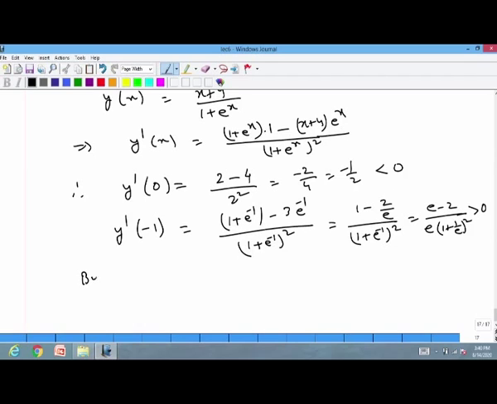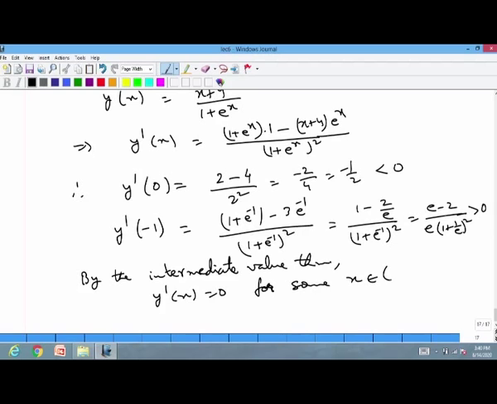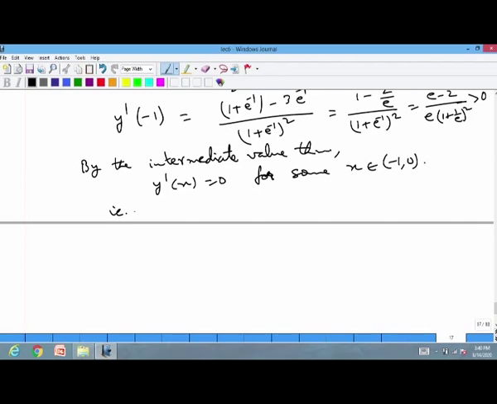By the intermediate value theorem, y'(x) = 0 for some x in (-1, 0), which means y(x) has a critical point in the interval (-1, 0).